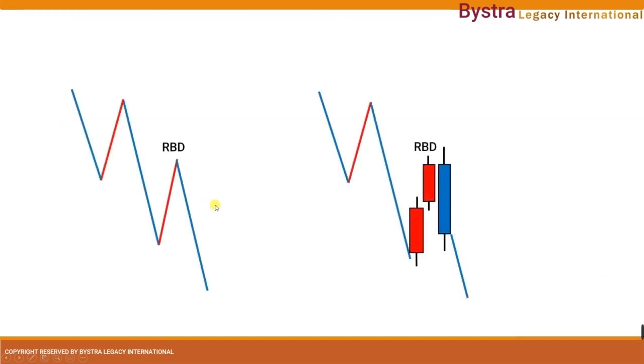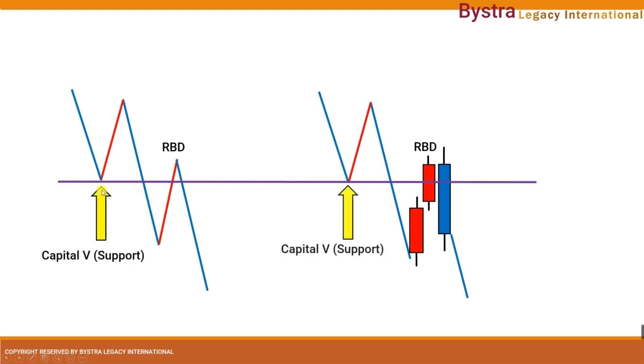So let's have a look at another example. This time the Rayleigh base drop is slightly higher than the capital letter V. It's no issue. This will be a valid SOP as well. So we first mark the horizontal line. Okay, this is the capital V, which is the support, aligned with the Rayleigh base drop. This is a very good SOP for the SNRC2 as well.